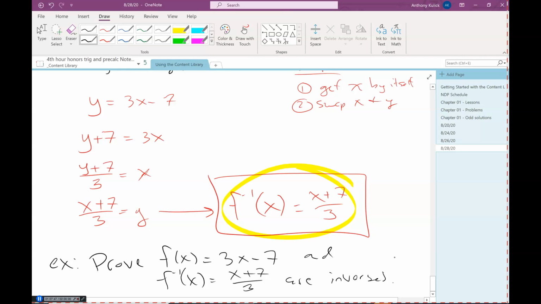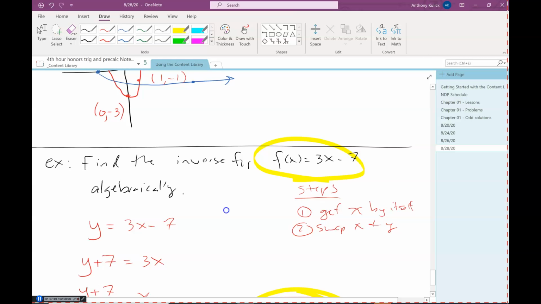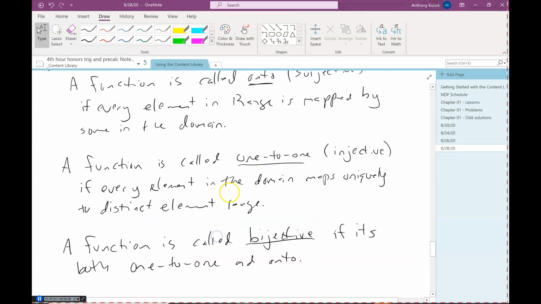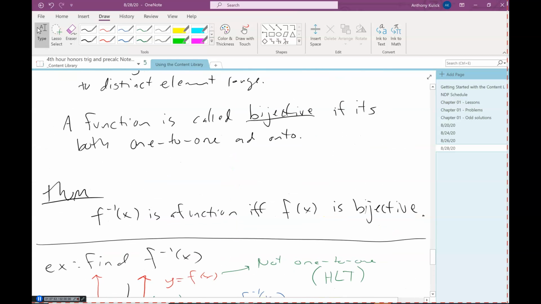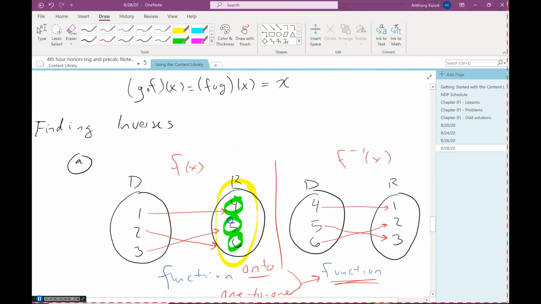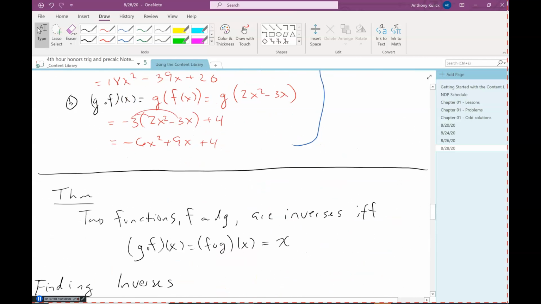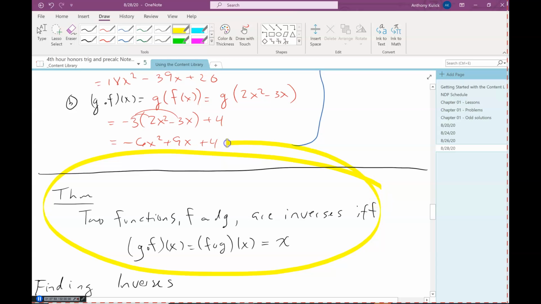We have a theorem for this, right? If we go back to this right here. 2 functions, f and g, are inverses if and only if both compositions give you x.